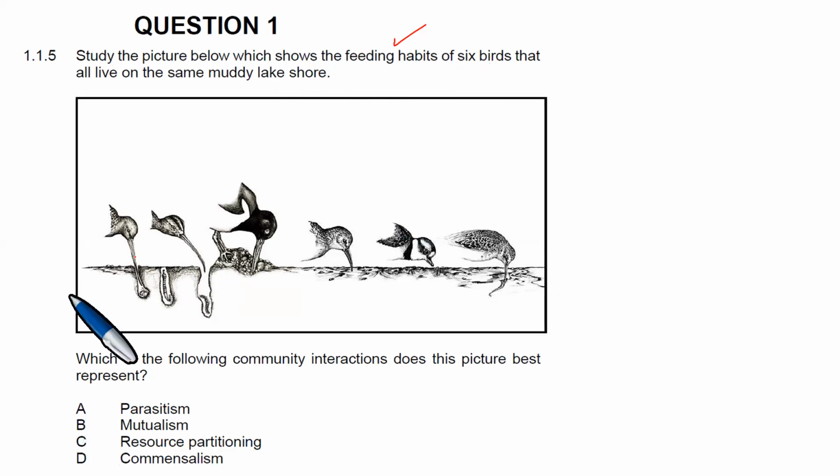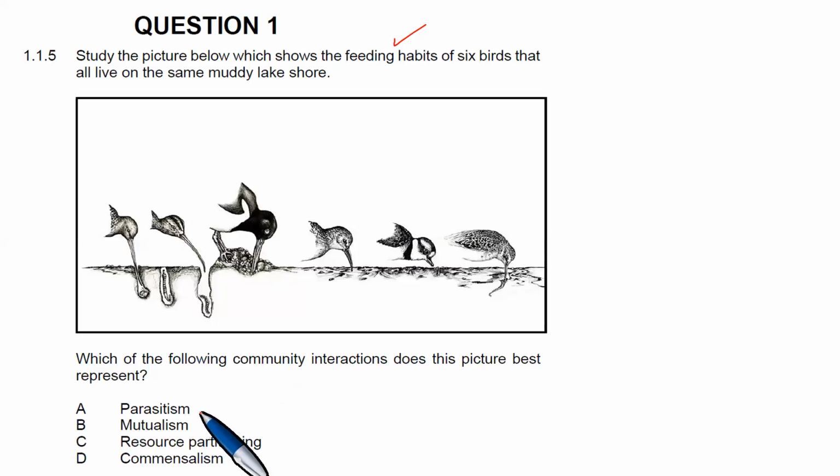The 6 birds all live on the same muddy lake shore. Which of the following community interactions does this picture best represent?